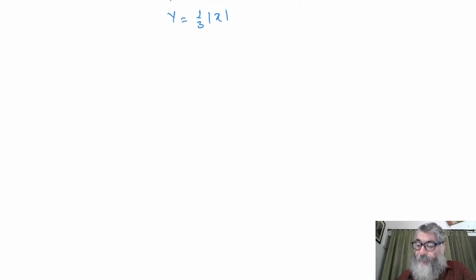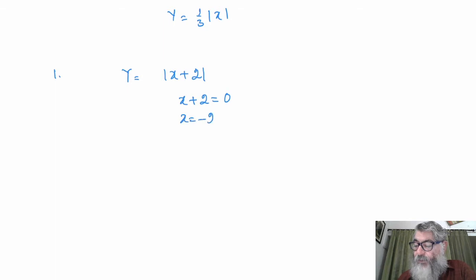Number one, suppose y is equal to modulus of x plus 2. Again the same thing. Calculate the critical point. x plus 2 is equal to 0, that implies x is equal to minus 2. Simply draw a curve at x is equal to minus 2.